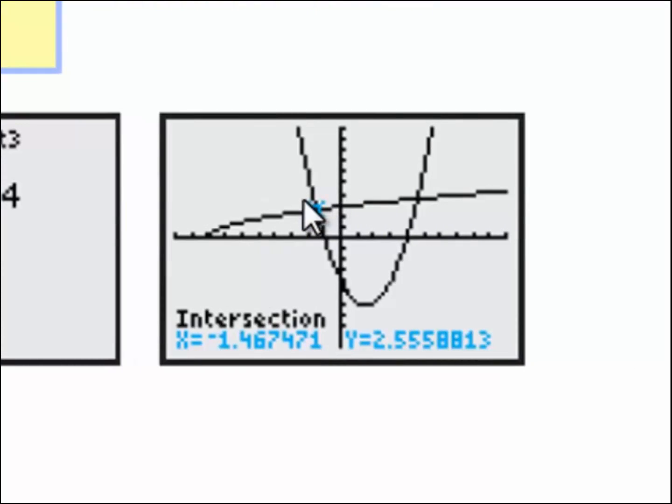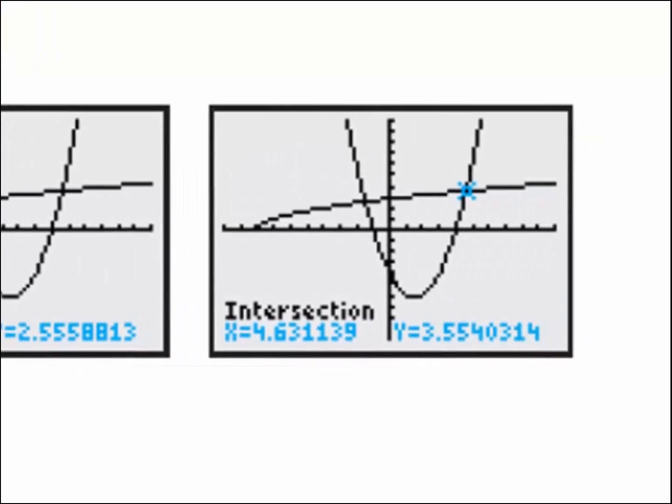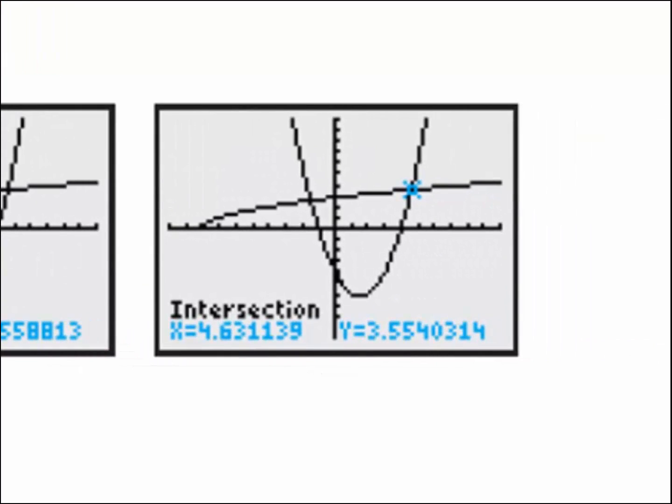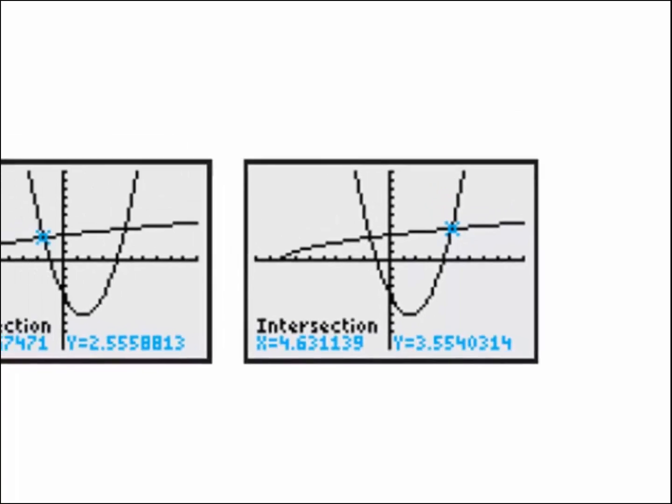We hit graph. There are 2 points of intersection. Using the intersection feature, the first point is x equals negative 1.47, rounded off, and the second one is 4.63, rounded off.